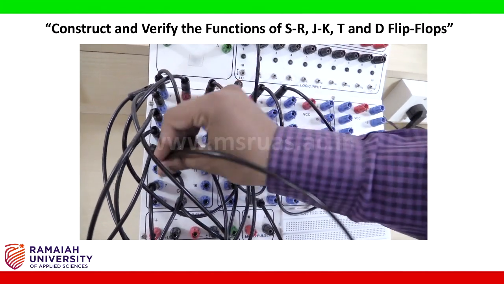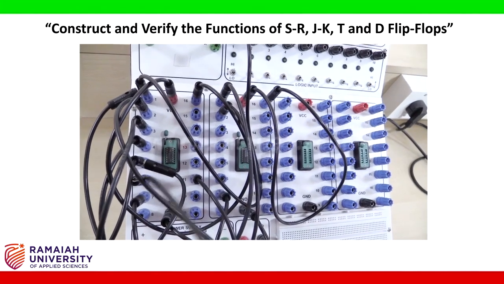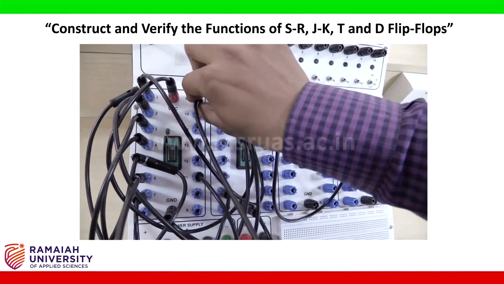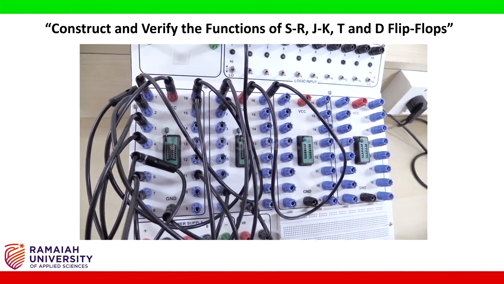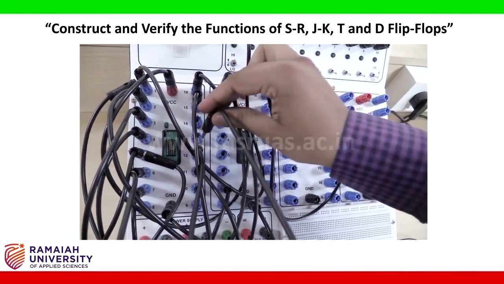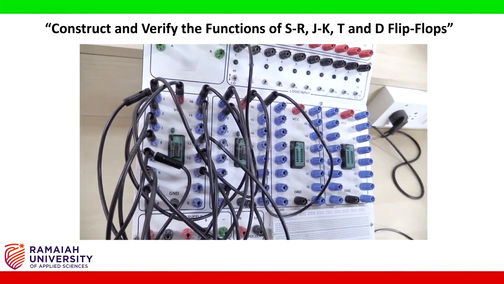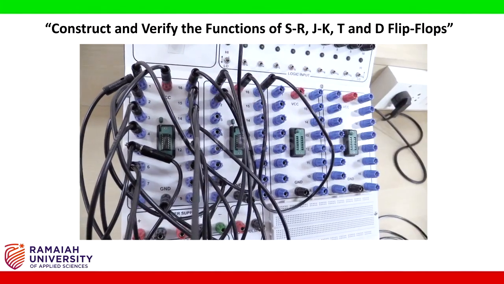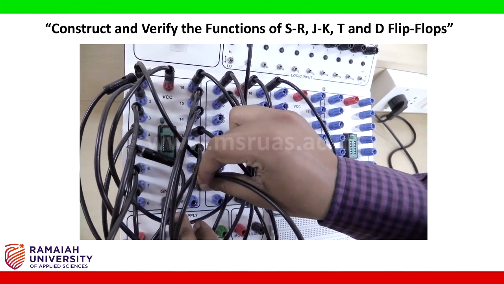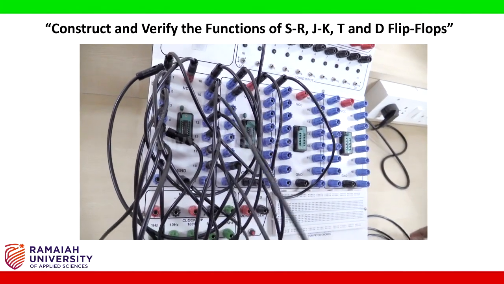Pin number 6 of NAND gate is connected to pin number 13, that is here. Pin number 10 and 11 are shorted. Pin number 12 and 8 are shorted. Now inputs we have connected.